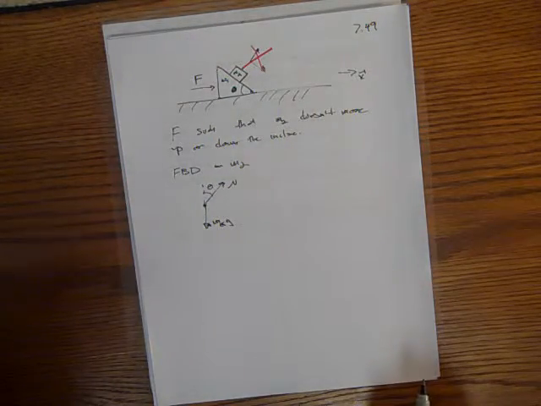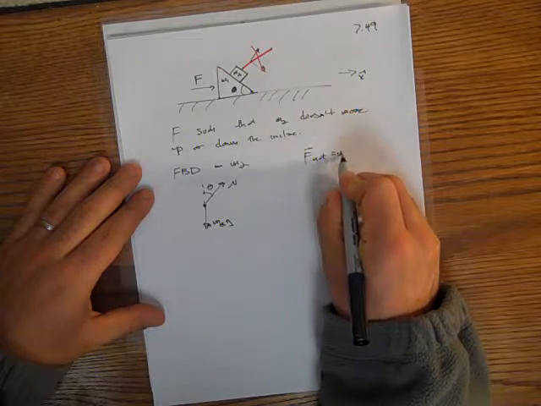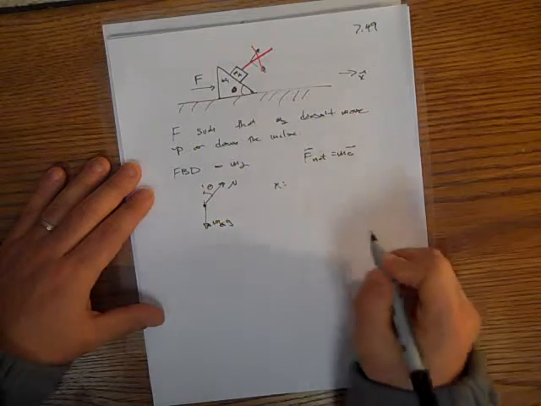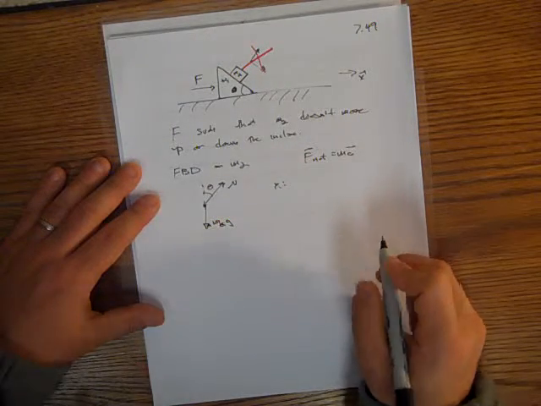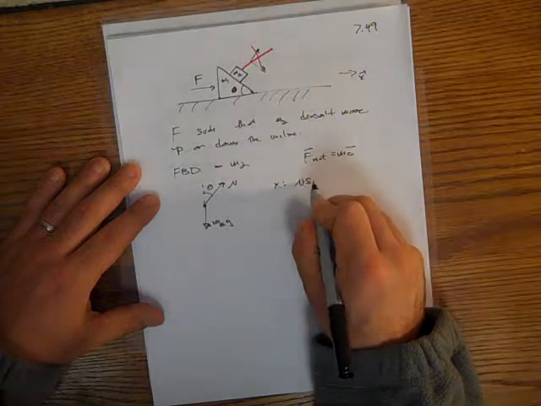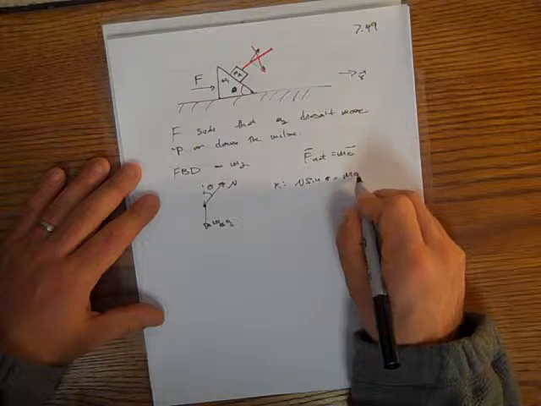Newton's second law tells me that in the x direction, I have a component of the normal force, N sine theta, equals m2 ax.